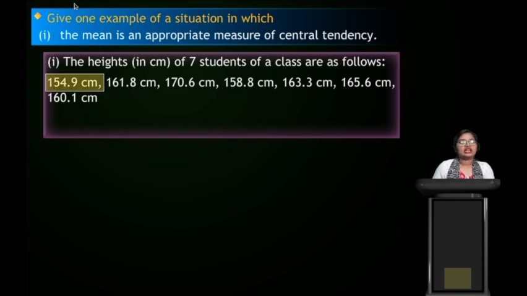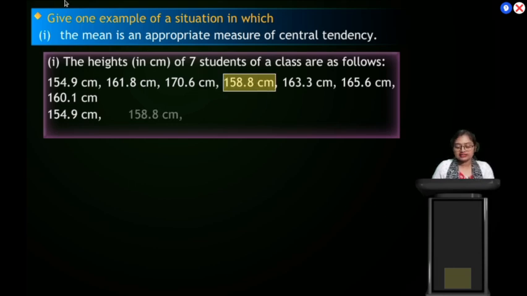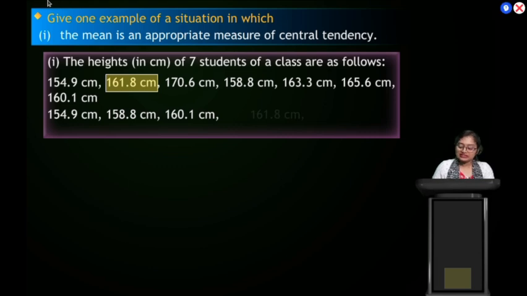What I do is I'll arrange all these data into an ascending order. So here 154.9 centimeter is the lowest value. So this will be our first value, and then the next value is 158.8 centimeter, and the next value will be 160.1 centimeter, and then 161.8 centimeter.